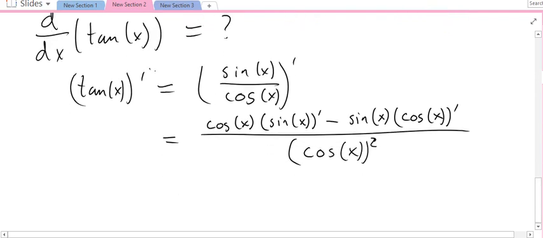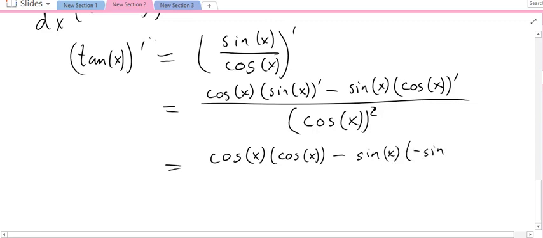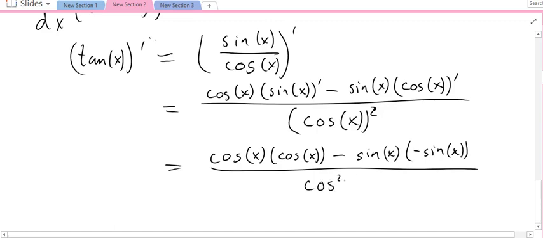As we write this out, the derivative of sine of x is cosine of x, so we have cosine of x times cosine of x. And then we're going to have minus sine of x times negative sine of x when we take the derivative of cosine. And then we're going to write this over cosine squared of x.